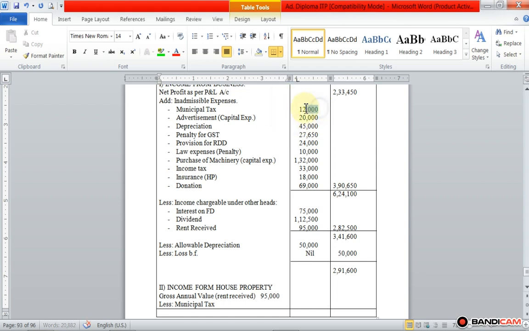Here we added it in net profit, 12,000, because it is disallowed. It is related to the house property.